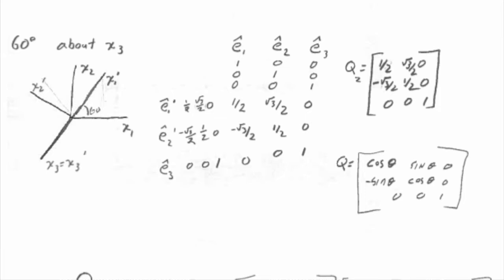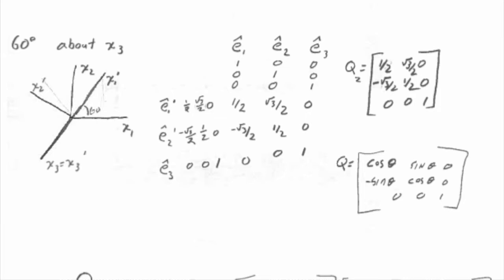So this vector here, right? This becomes a 60, 30, right? So e1 and e1 prime, right, is the cosine of 60, right? What's the cosine of 60 degrees?